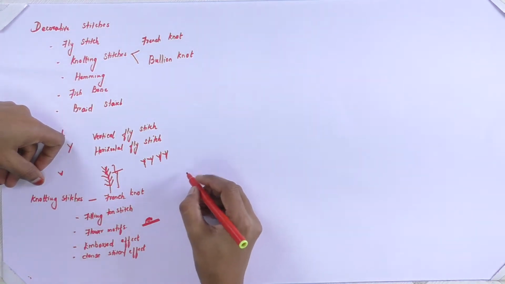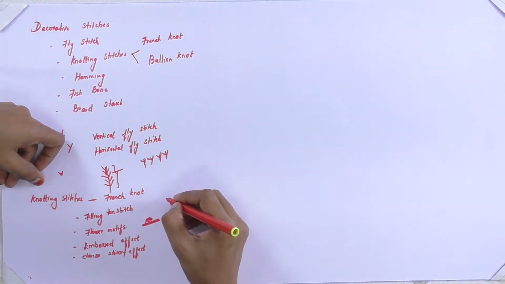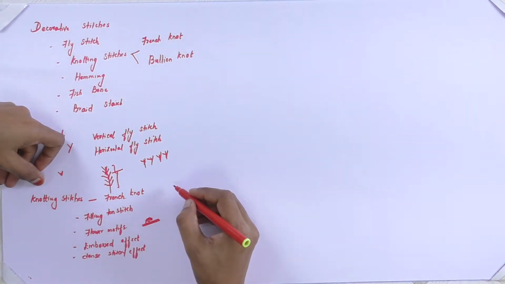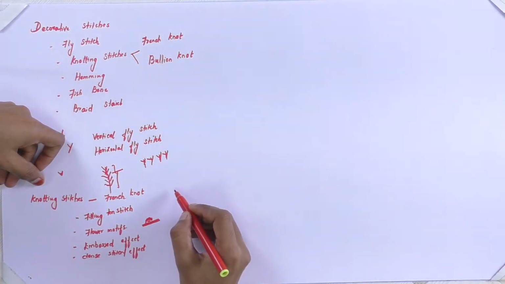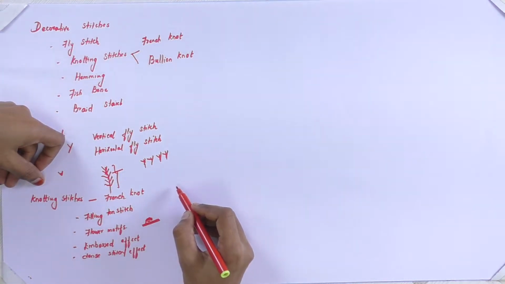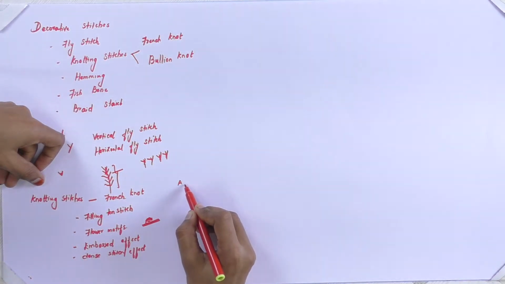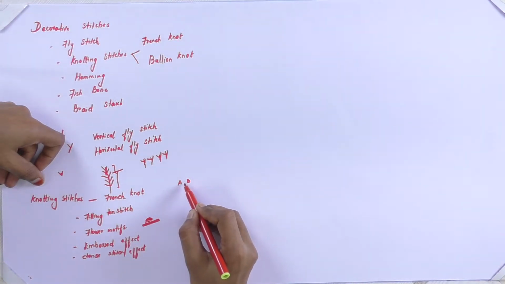I will demonstrate the needle and thread movement now. Before going to demonstrate practically, I will show you with notations how you have to do it. For this French knot, as usual, you have to bring the needle up at point A, and at point B, wrap your threads twice or thrice around your needle.